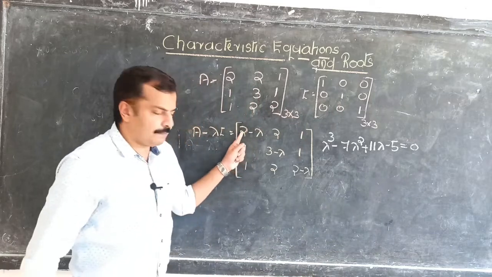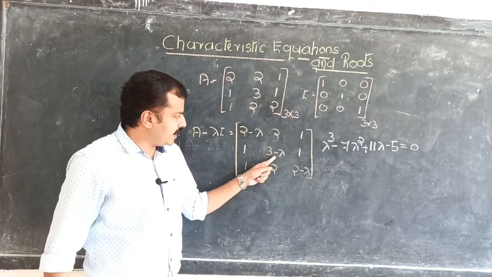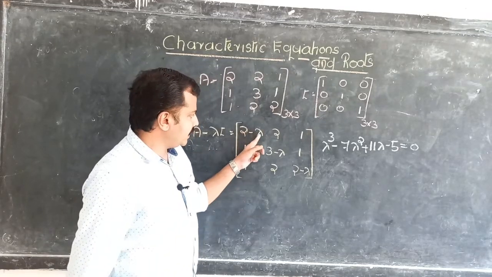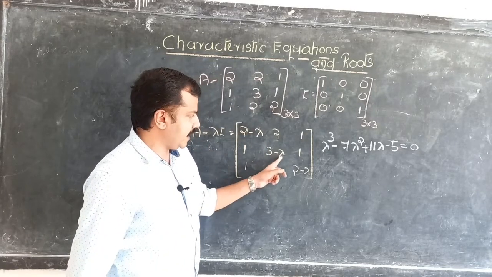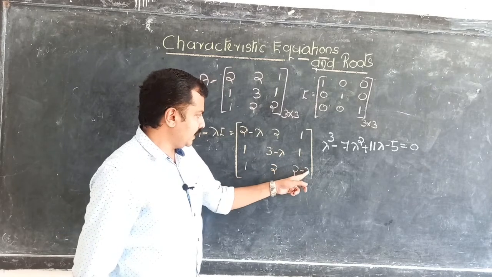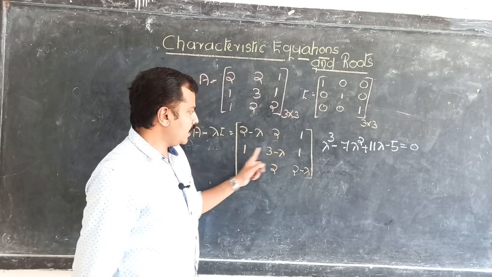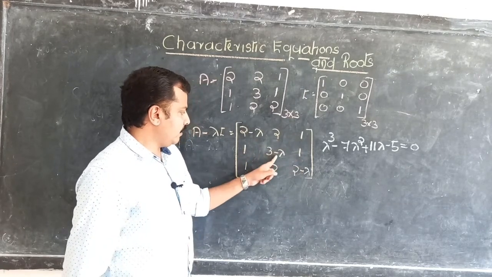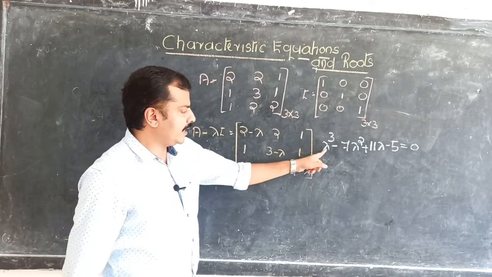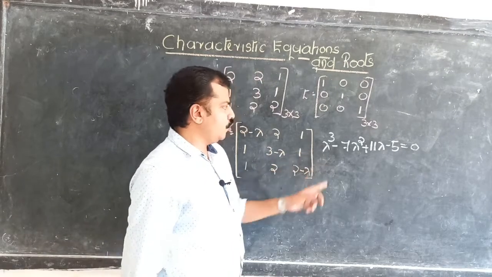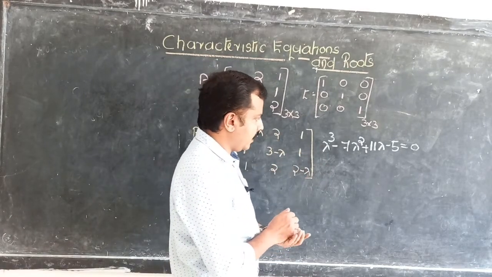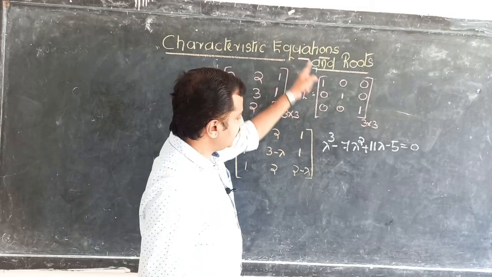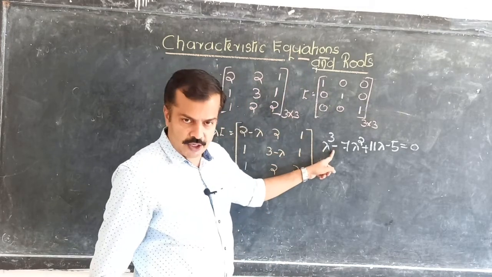Once you expand this equation by calculating its determinant, like 2 minus lambda into the determinant of 3 minus lambda, 1, 2, 2 minus lambda, minus 2 into 1, 1, 1, 2 minus lambda, plus 1 into 1, 3 minus lambda, 1, 2, you will get this equation, lambda cube minus 7 lambda square plus 11 lambda minus 5 equals 0. This is the characteristic equation.